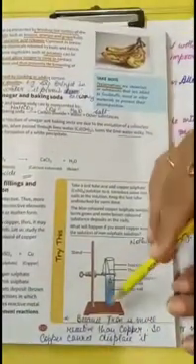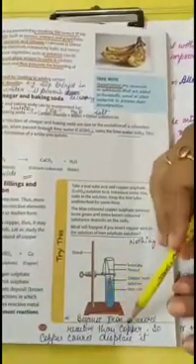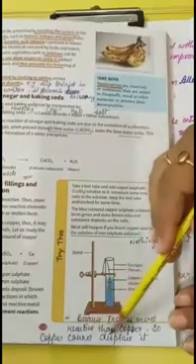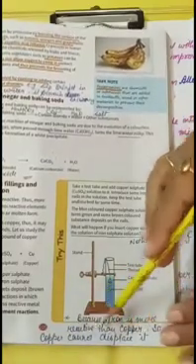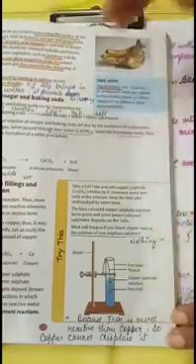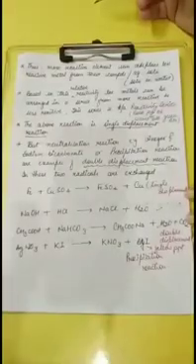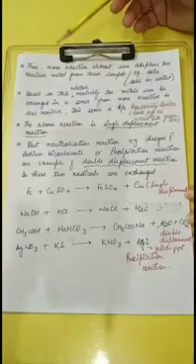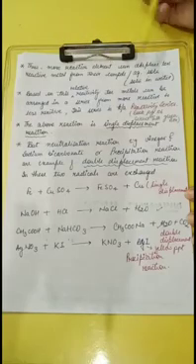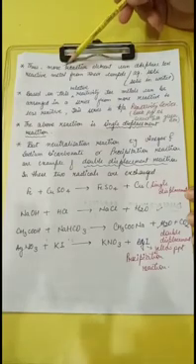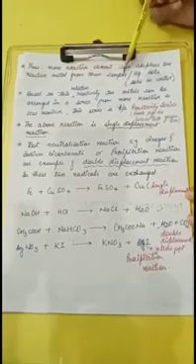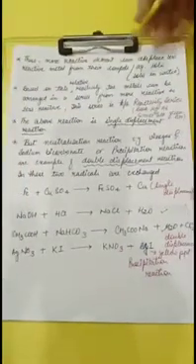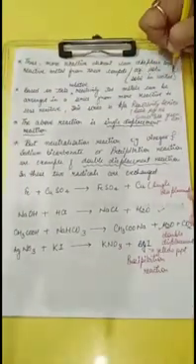Nothing, because iron is more reactive than copper, so copper cannot displace it from its solution. Thus, we can infer that a more reactive element can displace a less reactive metal from its compounds or aqueous solution. Aqueous solutions are solutions of anything in water.